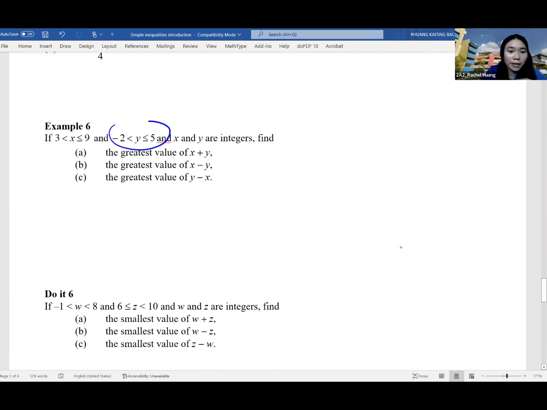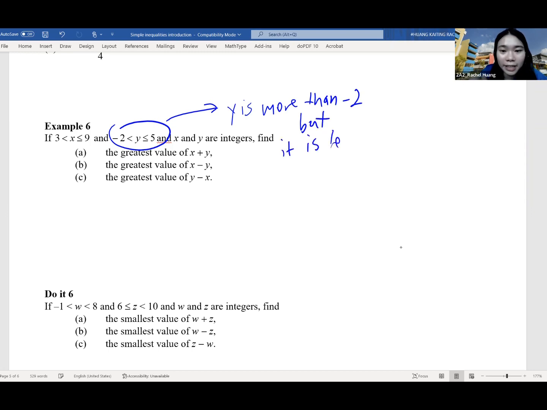One last thing over here, when we actually think of inequalities that are bounded, meaning that there are two inequalities for one value of the unknown y, okay? So then we think about it, if I actually write this out, this means that y is more than -2, okay? But it is less than or equals to 5, right?